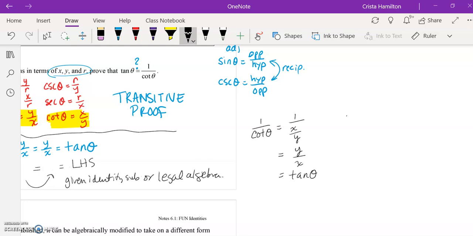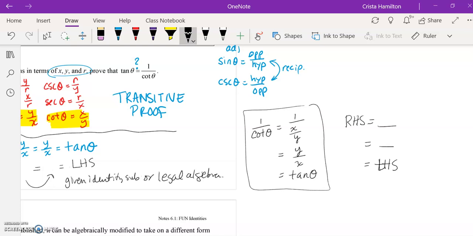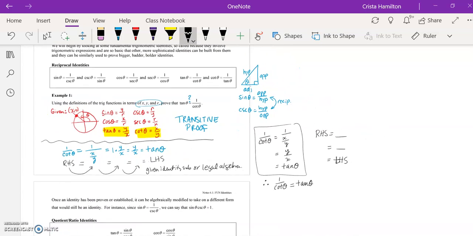So you see it still has that right-hand side, equals, equals, and then the left-hand side over here. And that's what we call transitive format. And so we get to conclude at the end, therefore, 1 over cotangent theta equals tangent theta. We could do that for all of them. I'm not going to prove each of them, but I just wanted to prove it for one to show you what that looks like.